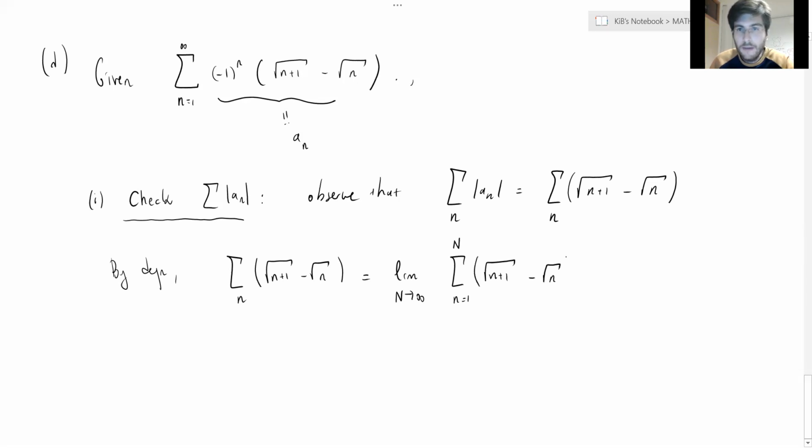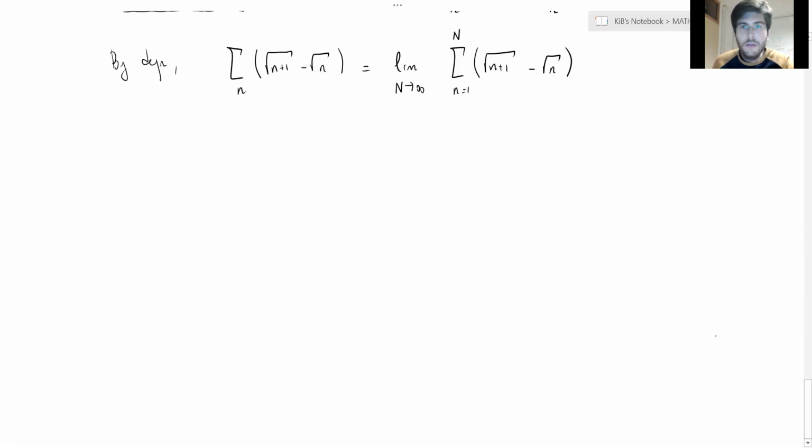So this was the basic definition. Let's compute. You can easily see that you have the limit as n approaches infinity. So this is just square root 2 minus square root 1 plus, when n equals 2, square root 3 minus square root 2, and the story goes like this.